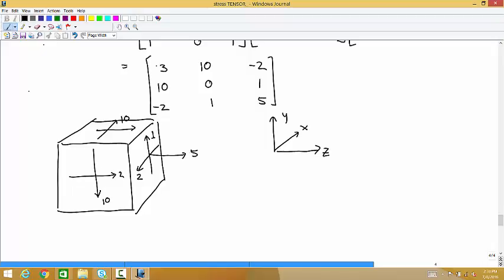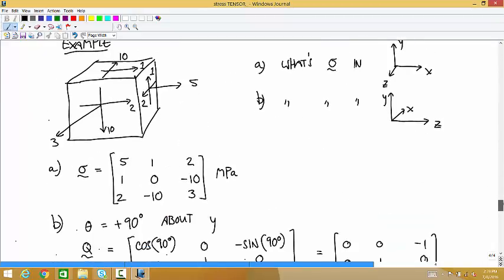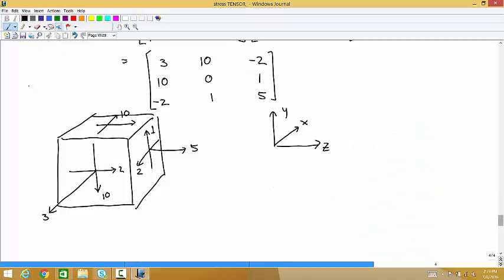We just have to draw the 3, which is in the negative x direction, which is this way. And hopefully that's identical to, I think it is. Any questions about that?